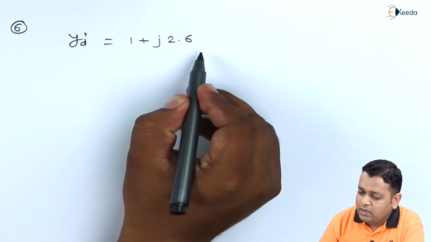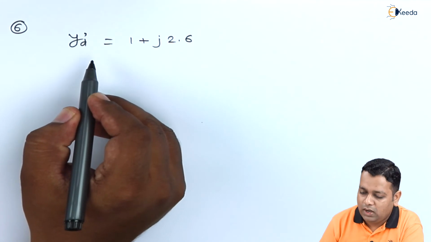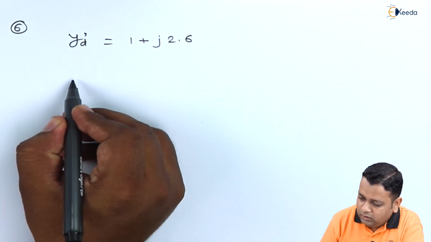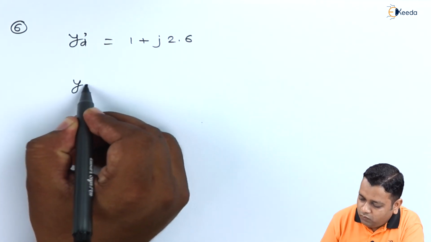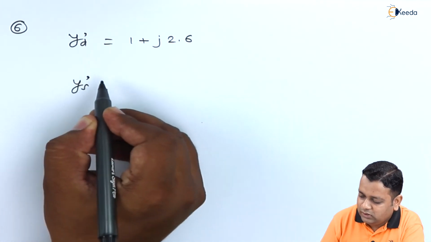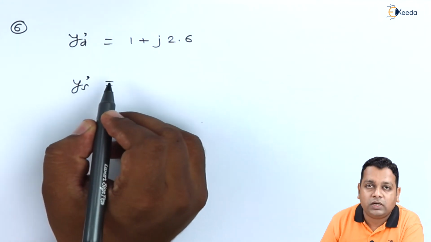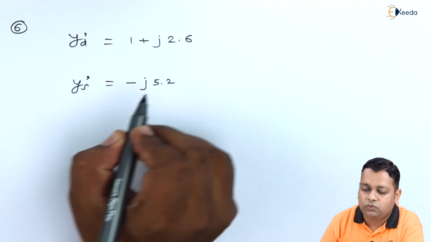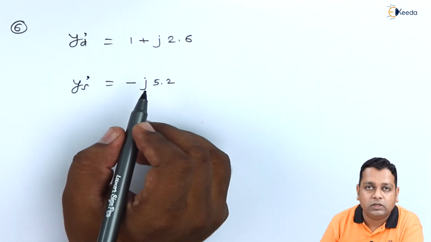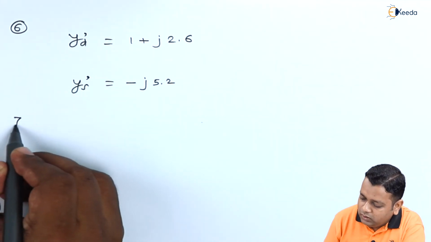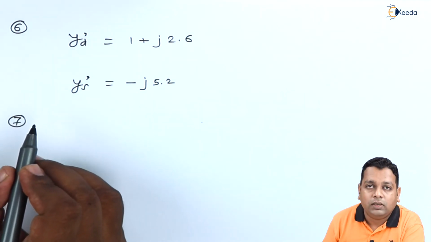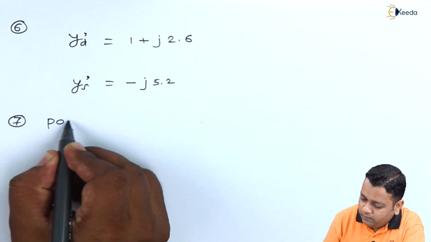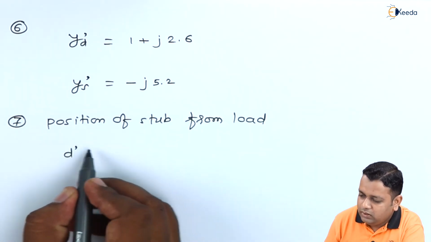When Y D dash is utilized here, the susceptance of the stub contribution can be denoted as Y S dash here. This will result in the value minus j times 5.2 that we have already marked on the Smith chart here. So continuing in the next step, we shall be obtaining the position of the stub, and it will be denoted by D dash.